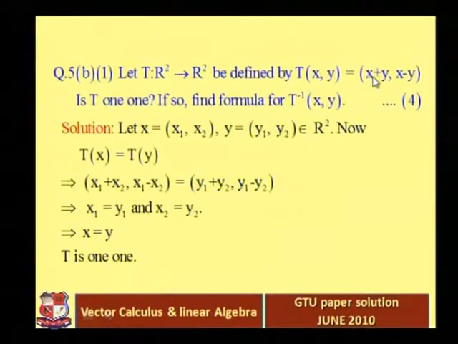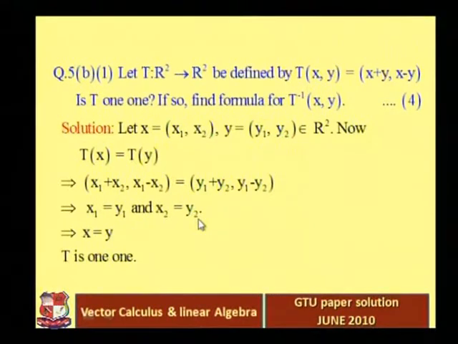Similarly that is equal to (y1 plus y2, y1 minus y2). Now compare these two vectors, you will get x1 plus x2 is equal to y1 plus y2 and x1 minus x2 is equal to y1 minus y2. So solving these two equations, you will get x1 is equal to y1 and x2 is equal to y2.